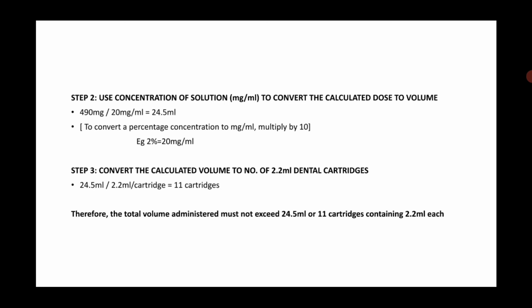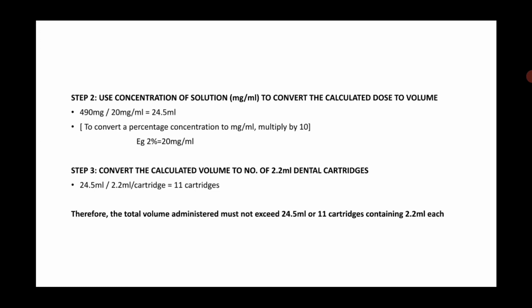We all know that in Australia, the volume of cartridge that we use is 2.2 ml. So what you're going to do is divide the total amount by the volume of each cartridge. The total volume is 24.5 milliliters, and that should be divided by 2.2 milliliters, because that is the volume per cartridge.